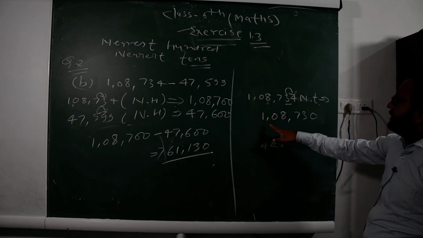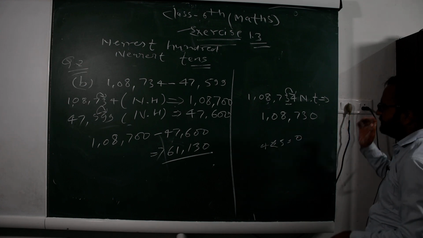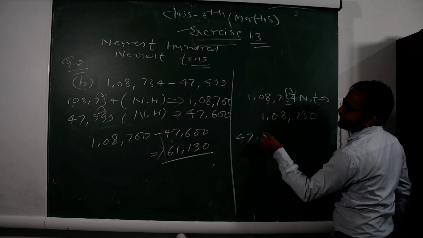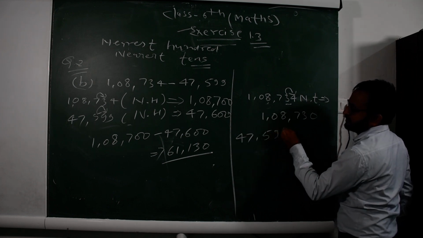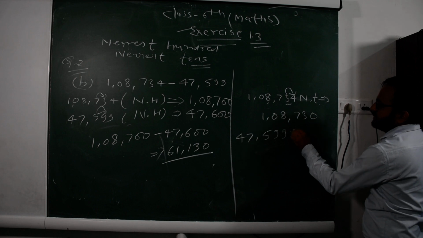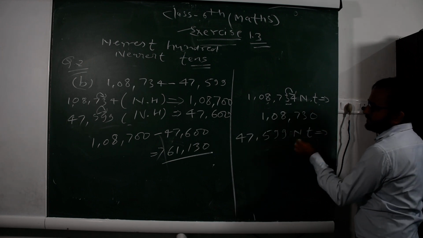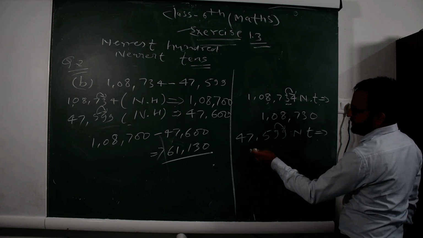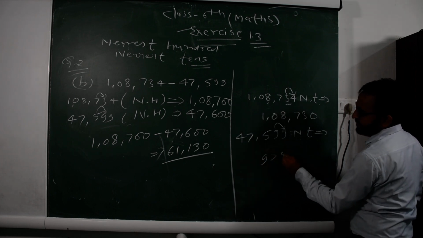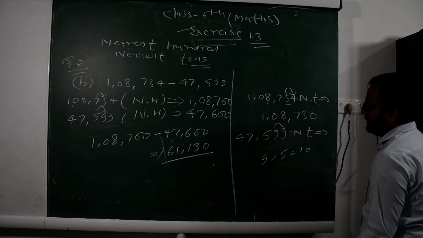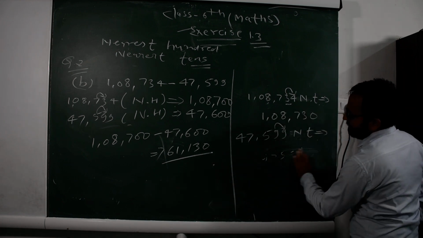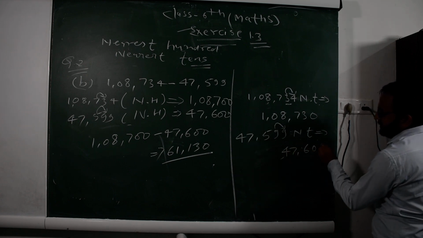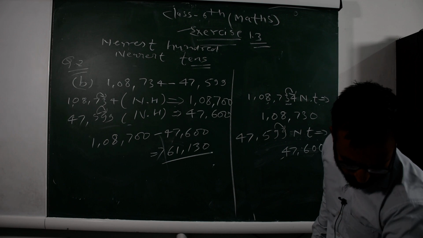So we get 1,08,730. Same as 47,599 nearest tens. 9 is greater than 5, we consider it as 10. So what we get? 47,600. Okay.